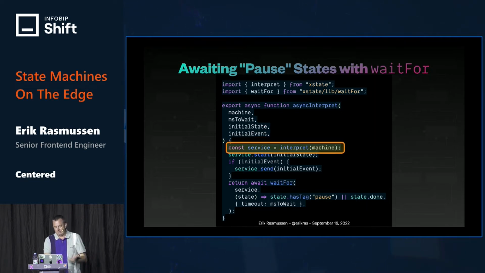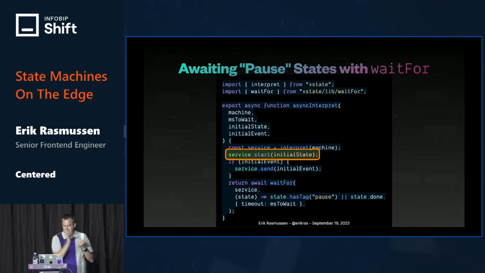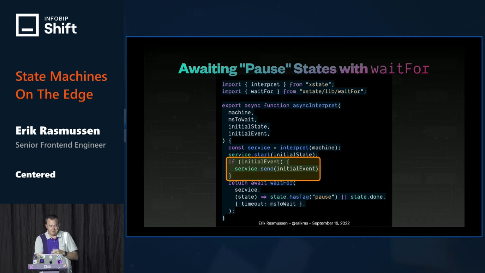So the way this works is we use the regular interpret function to turn this machine definition into this service that we can use. And then we start the service and we say start in this initial state. And then if we have an event, the event's optional, then we will pass it.